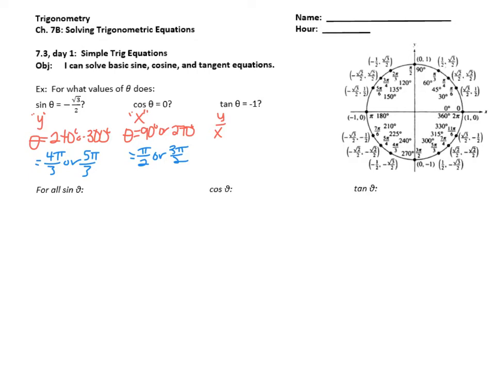That's usually going to be in the middle of each of the quadrants. To get negative 1, if we were at 135 degrees and we did y over x, the y and the x fraction would cancel out and we'd be left with negative 1. And if we go in the opposite quadrant at 315, same idea. In radians, you'd be at 3 pi over 4 or 7 pi over 4.